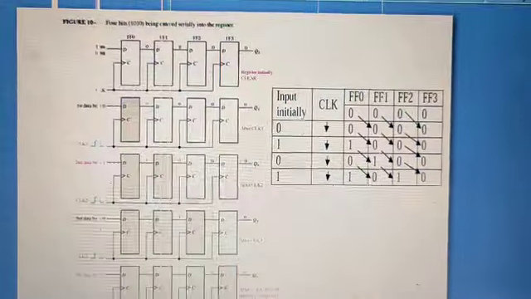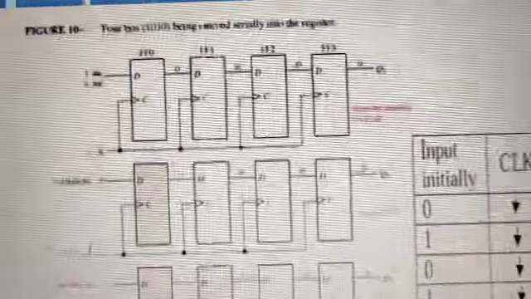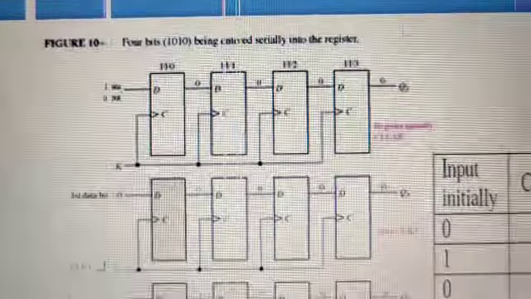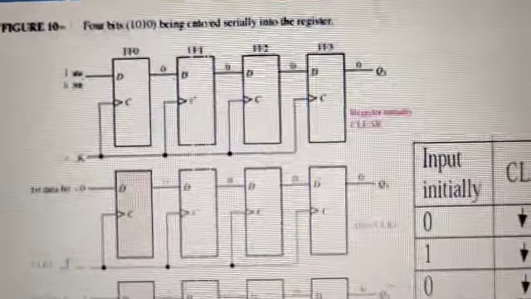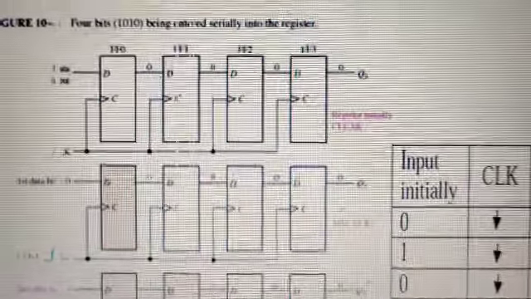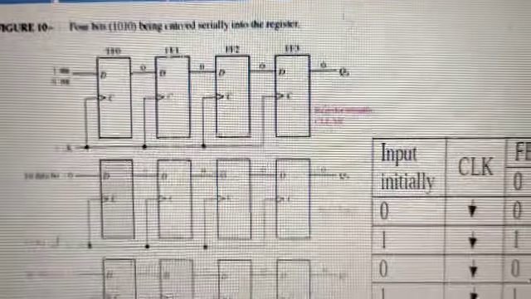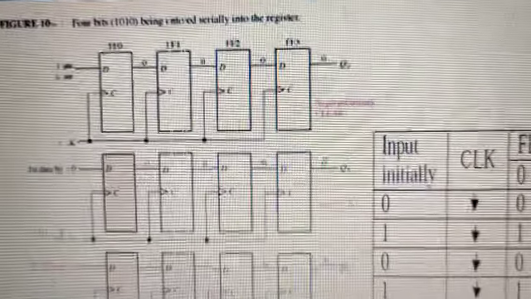Now you can see this is the block diagram or logic diagram for a serial in serial out shift register. You can have a number of flip-flops connected in a chain like this, depending upon the number of bits you have to store or transmit.